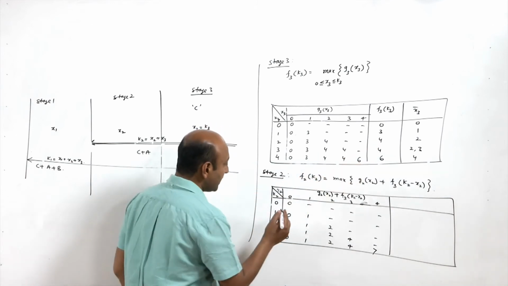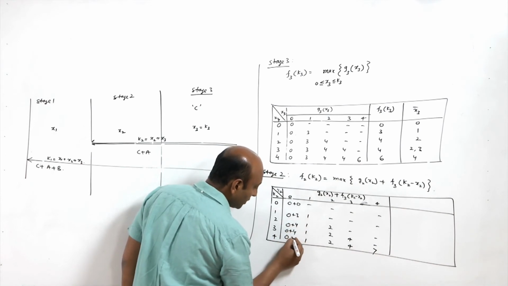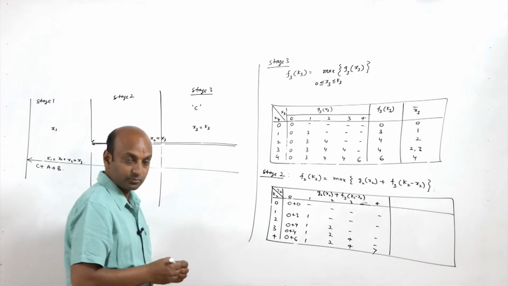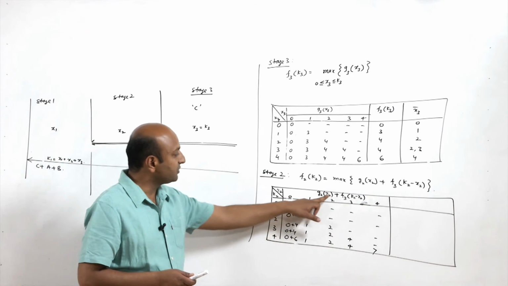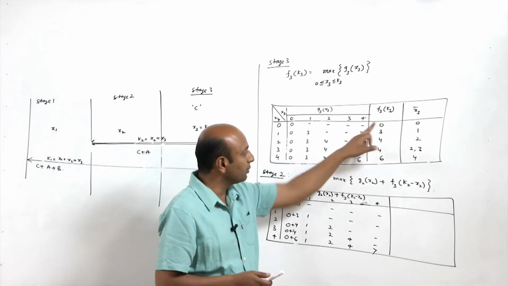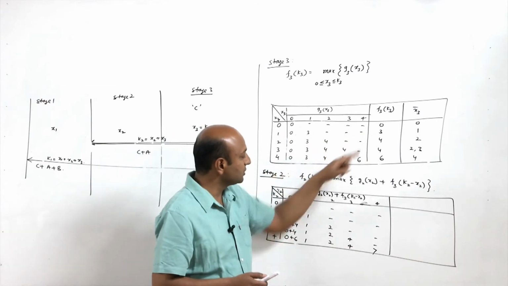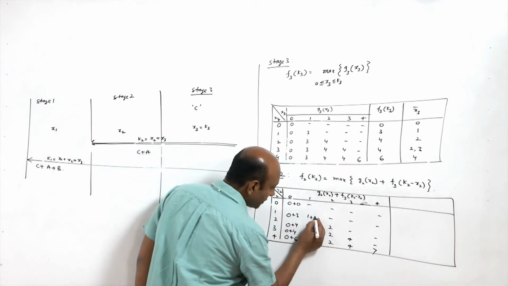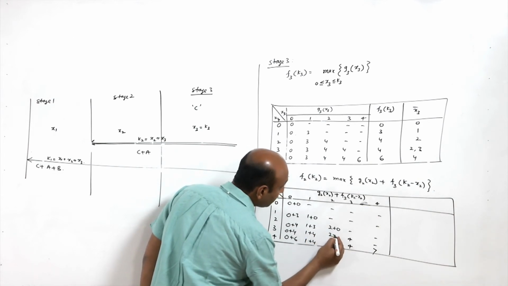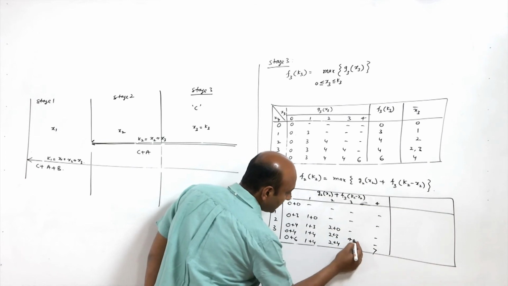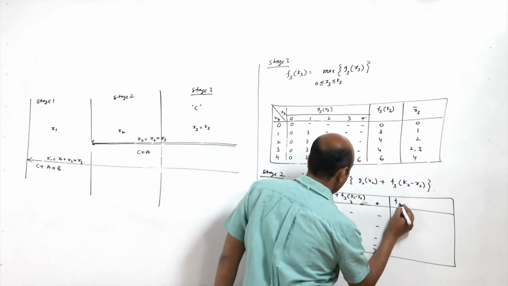So, we have to add 0, then 3, then 4, then 4, then 6. Again here it is 1 minus 1 is 0, and F3 at 0 is 0. It is 2 minus 1 is 1 and F3 at 1 is 3. So, it is plus 0 plus 3 plus 4 plus 4. Again it is 0 plus 3 plus 4. Again it is 0 plus 3. Again it is 0.